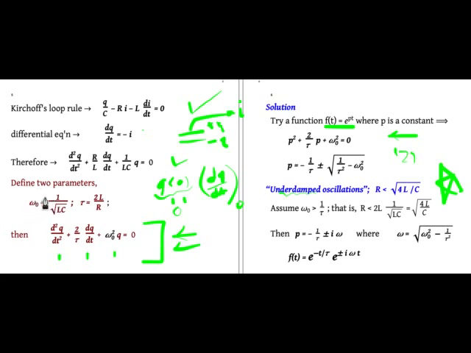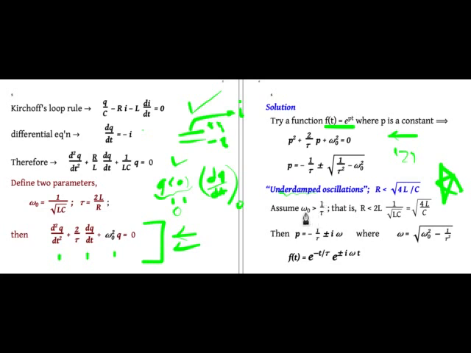So the dividing point between overdamped oscillations and underdamped oscillations is at R is the square root of 4L over C. Let's see. 1 over tau would be R over 2L.